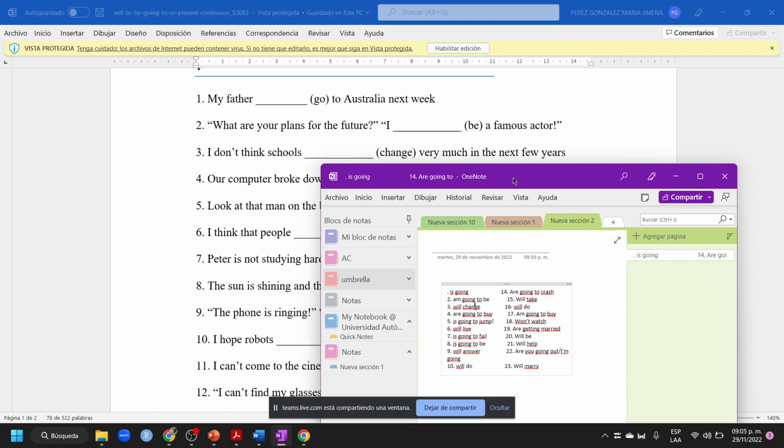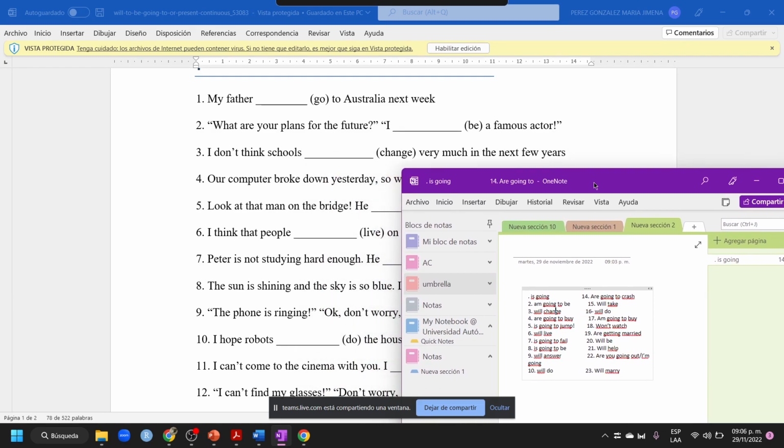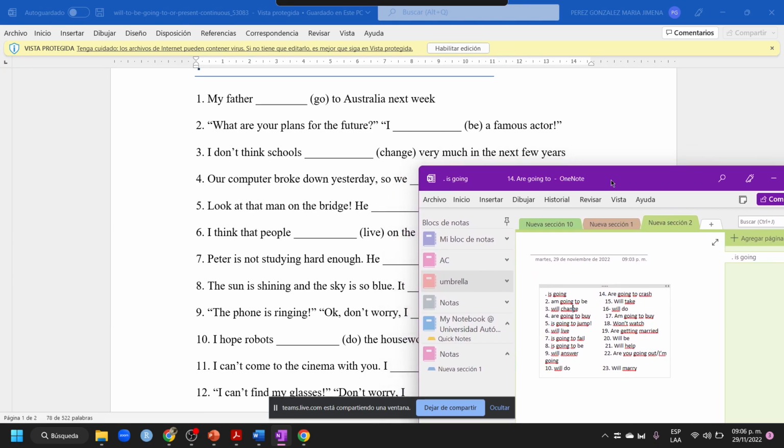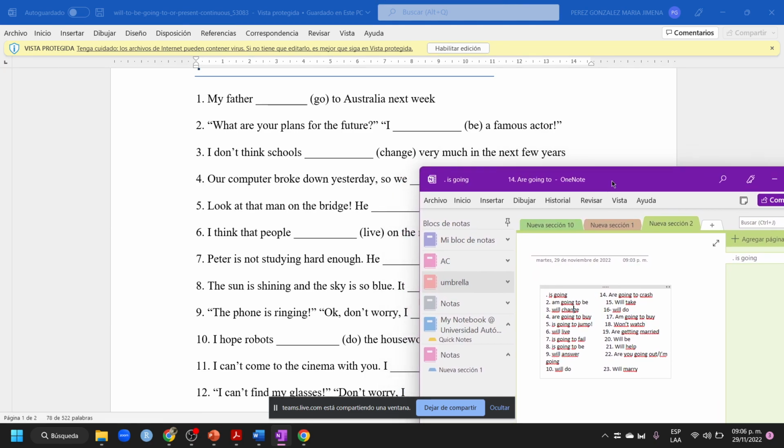No, I don't think schools will change very much in the next few years. Que puede ser una predicción, pero una predicción donde no sabemos si va a pasar o no. Más queda como un pensamiento. I don't think schools will change very much in the next few years. Number 4.